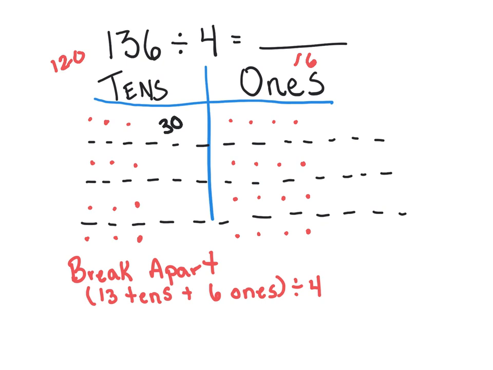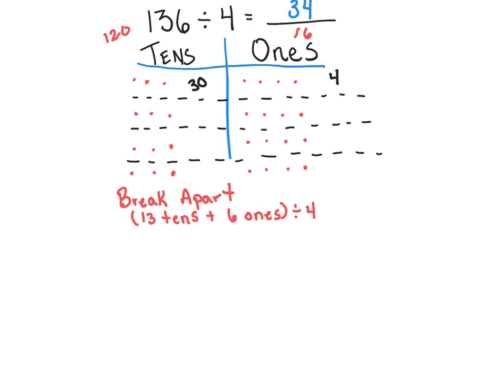And how many ones? We have 4 ones, which would give us 34, because 3 tens and 4 ones is 34. So we have a quotient of 34. So 136 divided by 4 is 34.